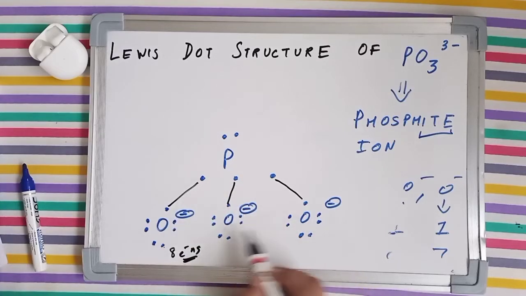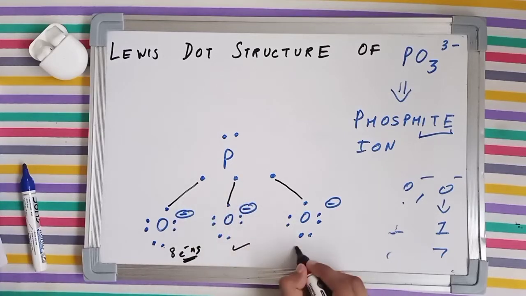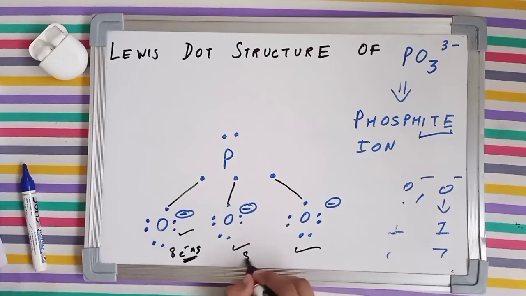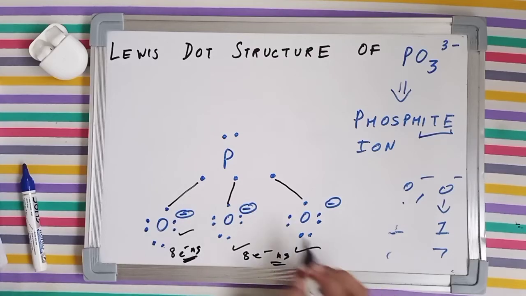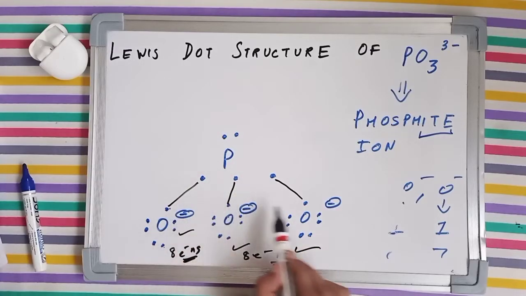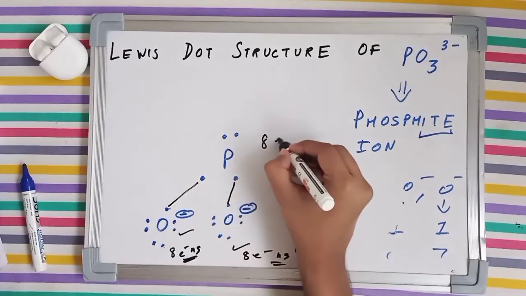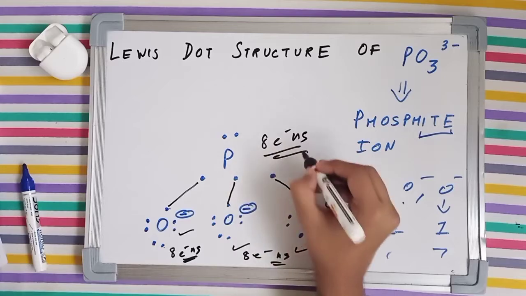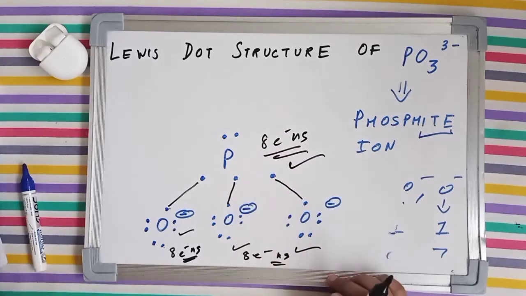Similarly, these two O minuses have also completed their octets and have 8 electrons respectively. Talking about phosphorus, it is also now having 8 electrons, has completed its octet and is now stable.